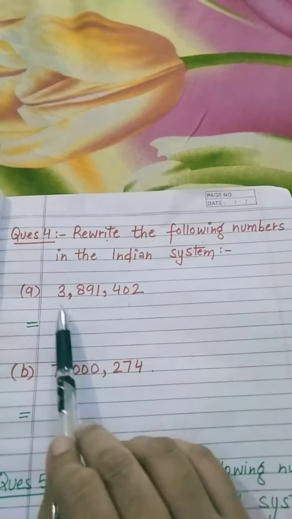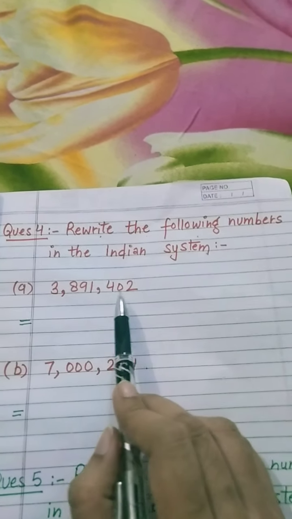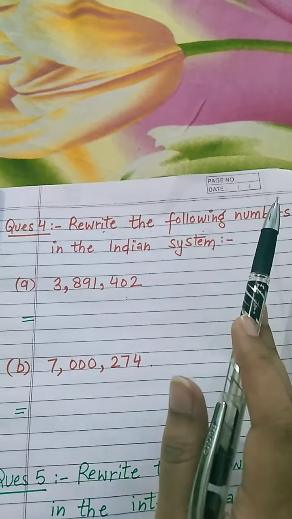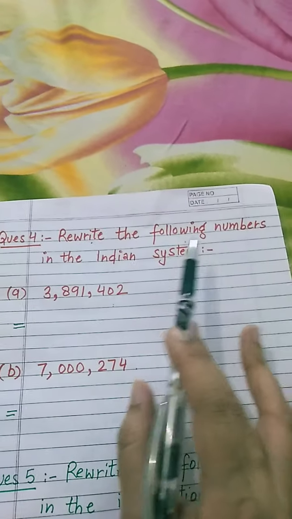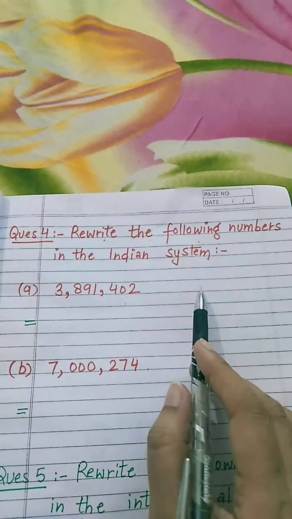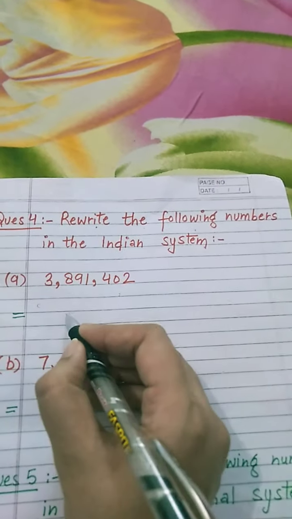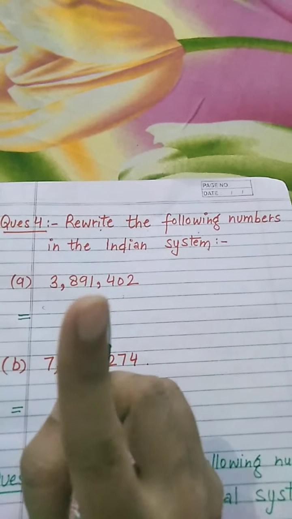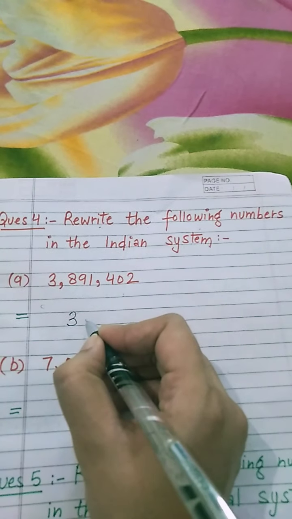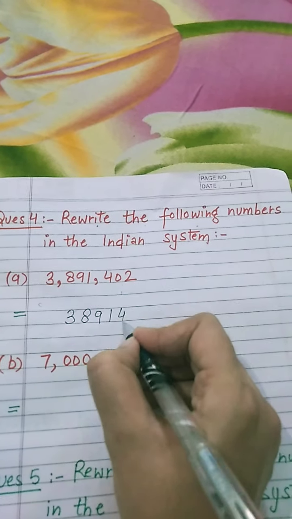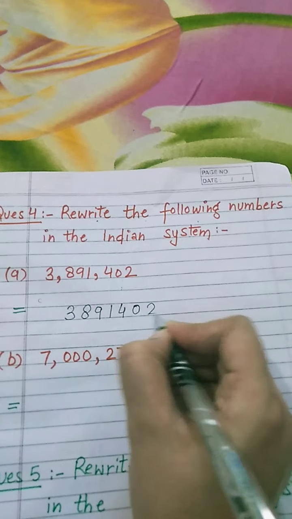That is, you just have to arrange the commas according to the Indian system. No need to write it in words, you just have to put the commas accordingly. So first of all, we'll write down the number without commas. 3 8 9 1 4 0 2.